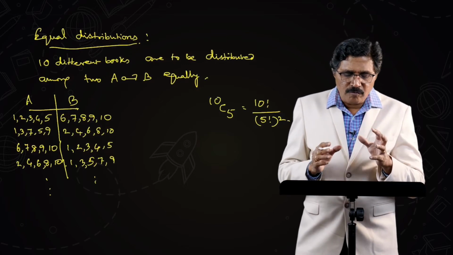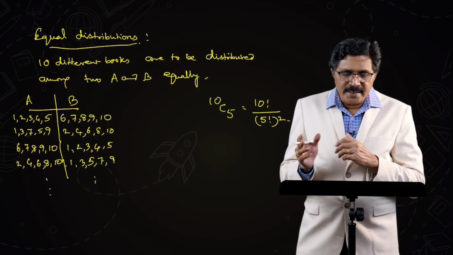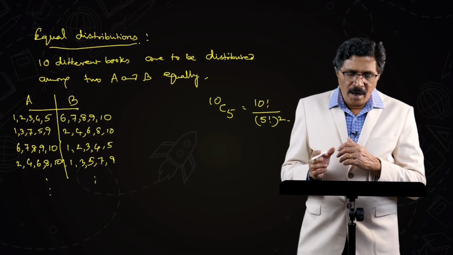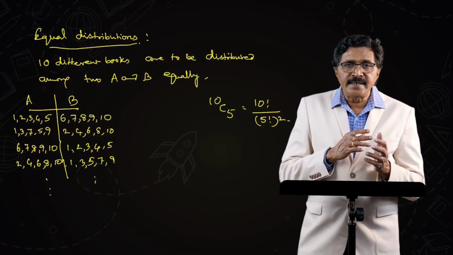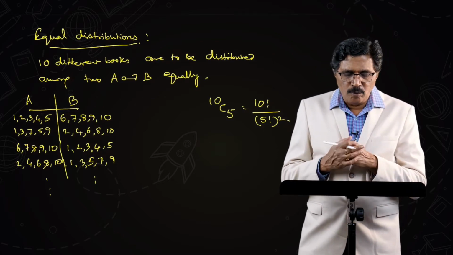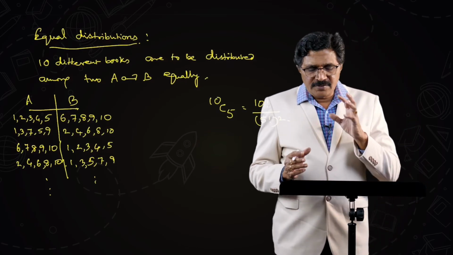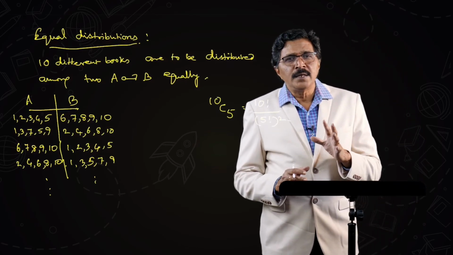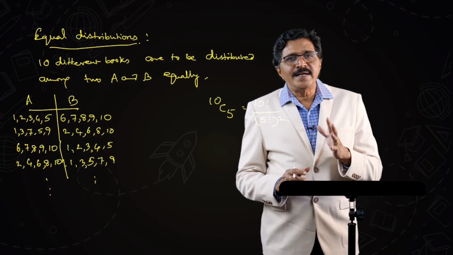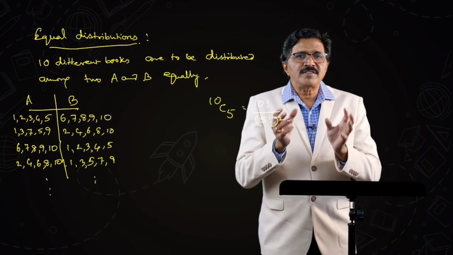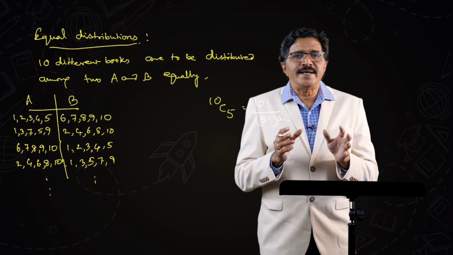If A chooses 1, 2, 3, 4, 5, B takes 6, 7, 8, 9, 10, and if A chooses 6, 7, 8, 9, 10, B chooses 1, 2, 3, 4, 5. So the set interchanges are also included in this.